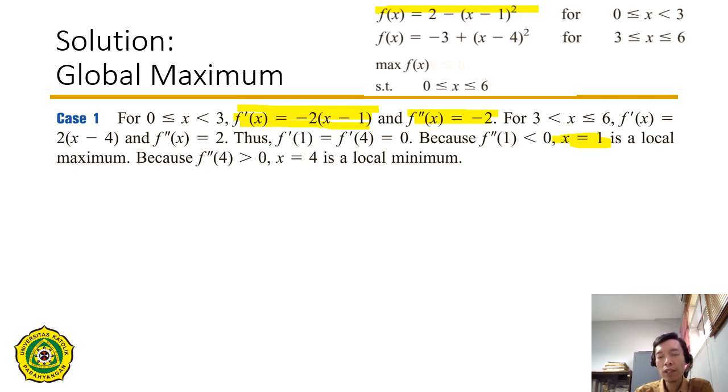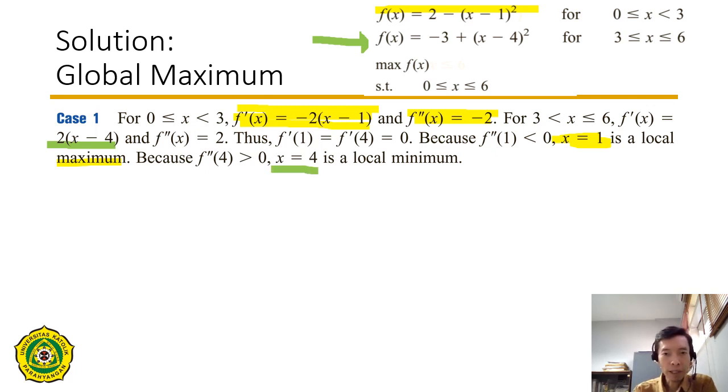So x equals 1 is a local maximum. Now for the second function, same as before, to find the stationary point, first we take the first derivative of this function. The result is this, 2 times (x minus 4). And then we check where this first derivative equals 0.